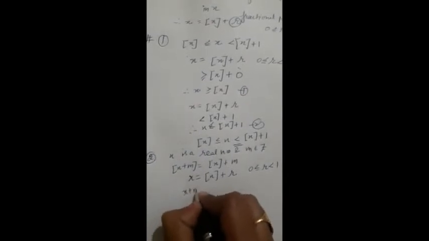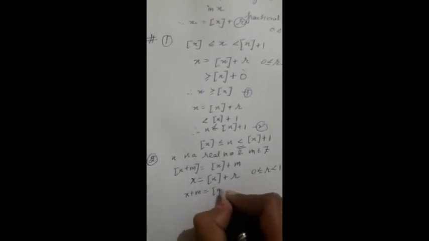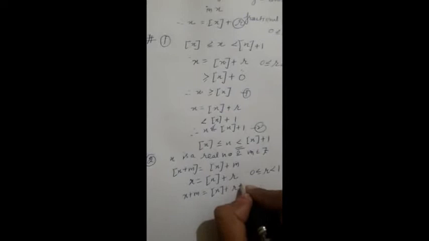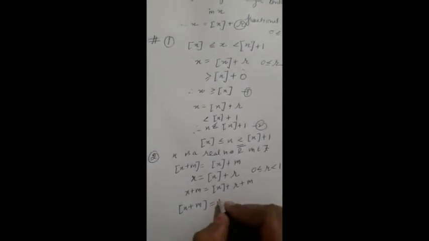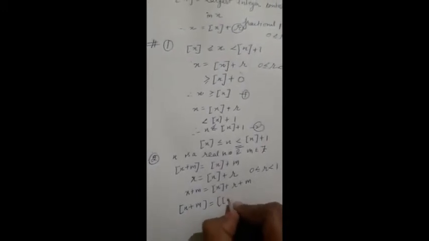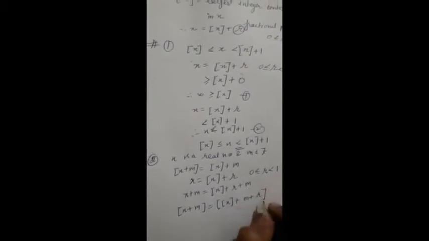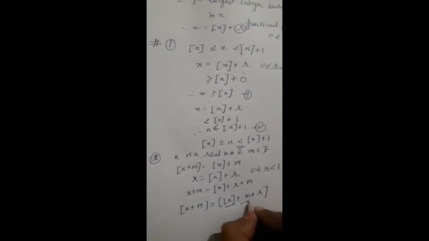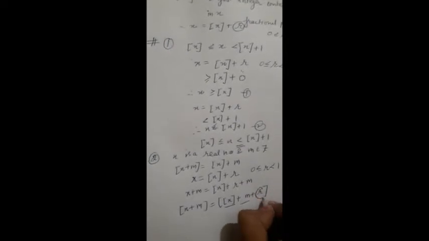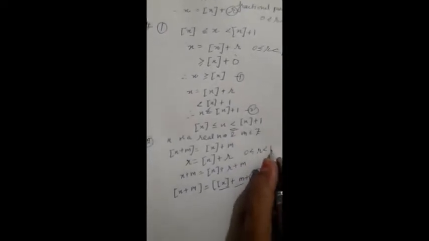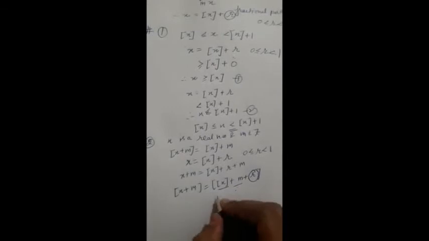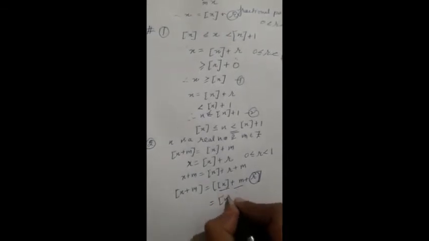Adding m on both sides, x plus m is greatest integer x plus r plus m. Now taking the greatest integer function on both sides, greatest integer of x plus m is the greatest integer of greatest integer x plus m plus r. Here the first part is an integer and r is the fractional part, which is less than 1. So the greatest integer contained in this is equal to greatest integer x plus m.